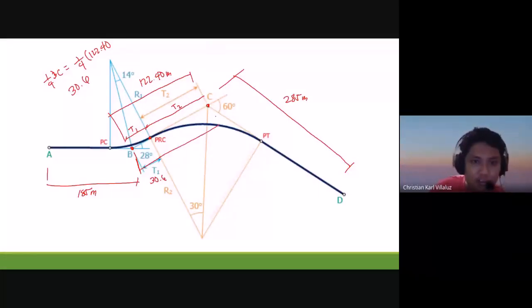Then, subtract 30.6 from 122.4. We will have a tangent 2 of 91.8 meters.